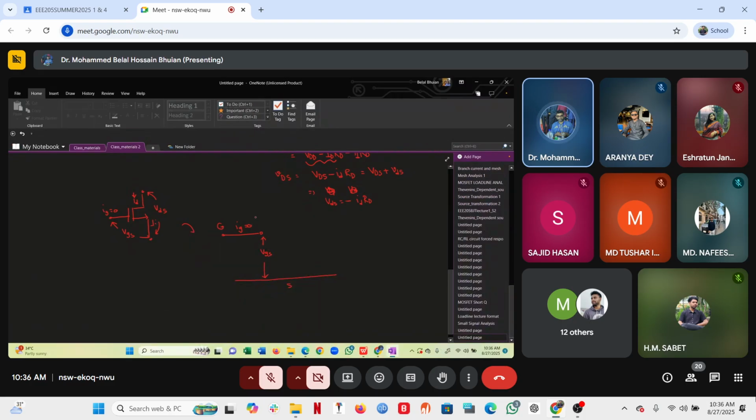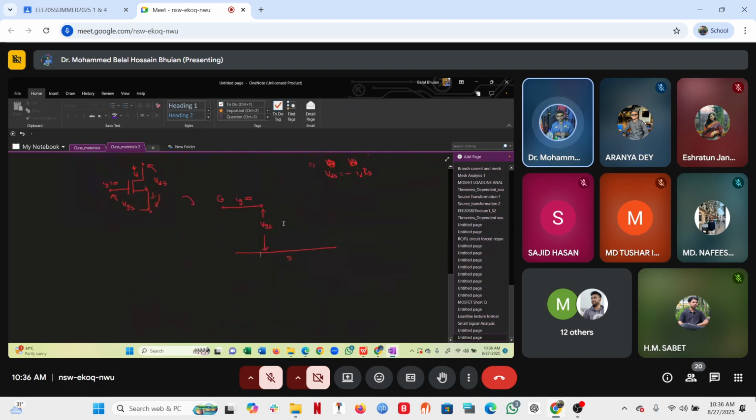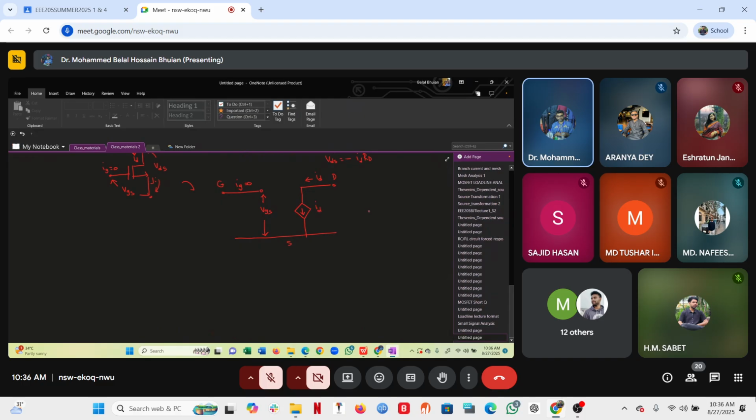Between drain and source is a dependent current source, where ID is equal to GM times VGS.